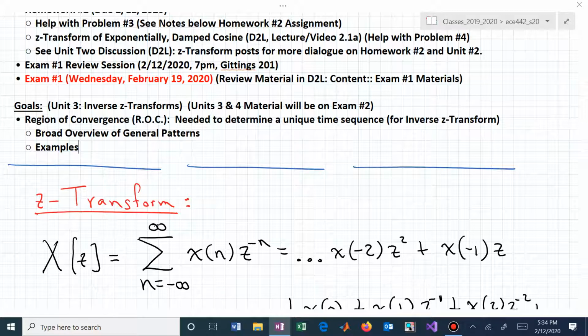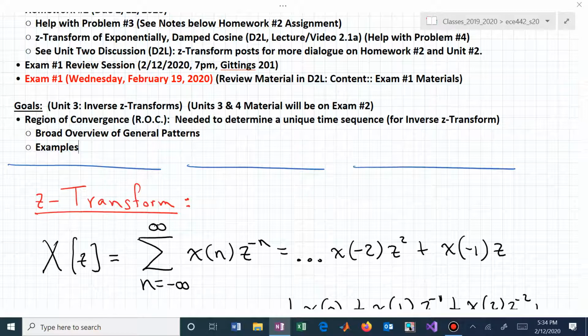That then leads to different region of convergence patterns. On exam number 1, most of the stuff that we will deal with deals with the first pattern. The region of convergence is, for exam number 1, usually beyond some region or disk in the Z-plane.